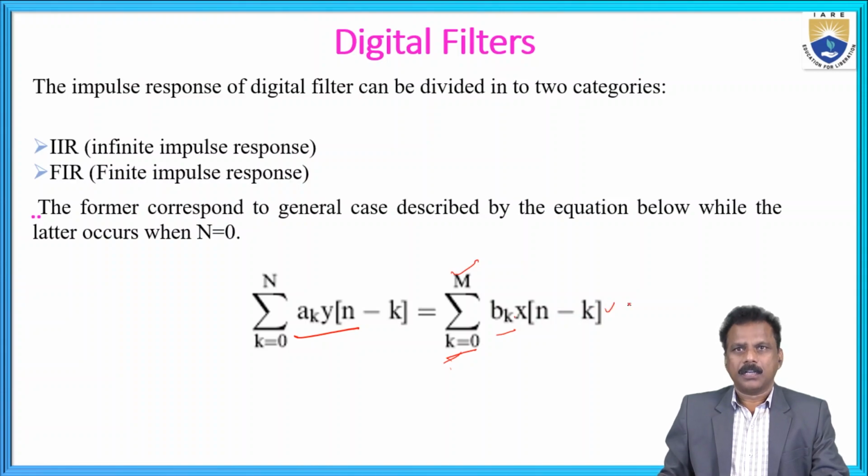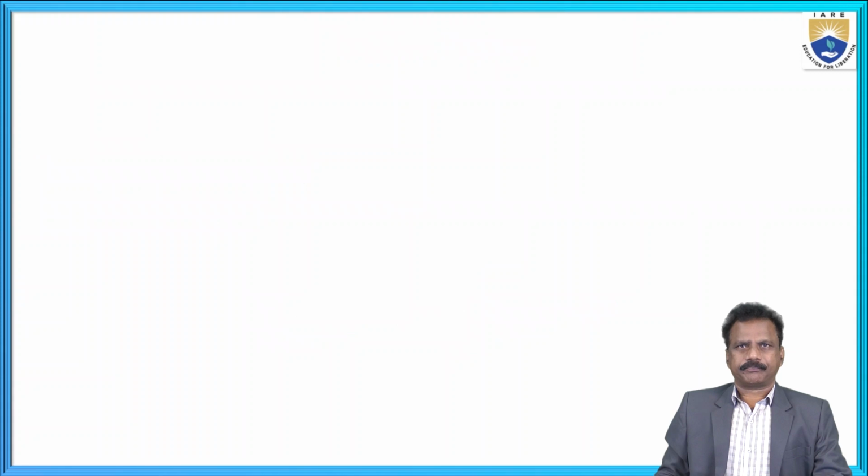After that we'll investigate how it happens when N is equal to 0 or some other value. Here we are concentrating only on capital N equal to 0.